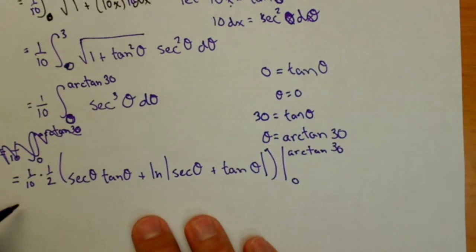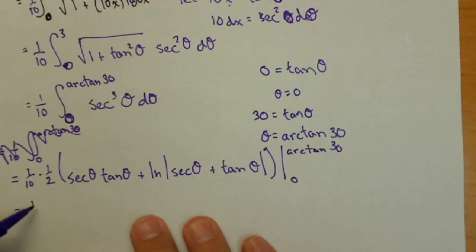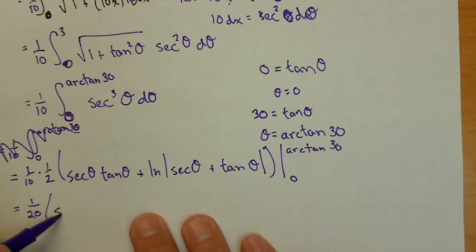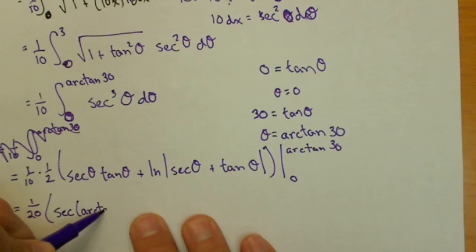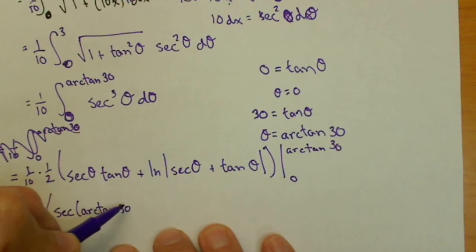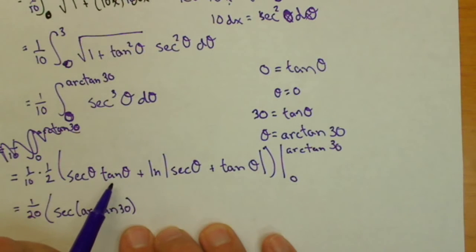So, got a little bit of work to do here, but let's see how this all plays out. So 1/20th, we're going to have the secant of the arctan of 30. Now here's one that's going to work out nice.